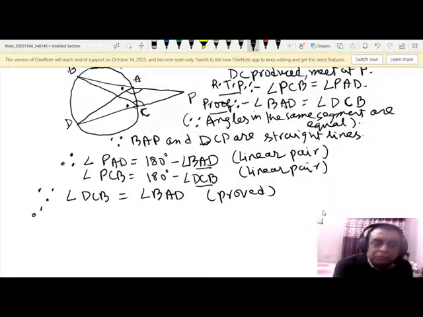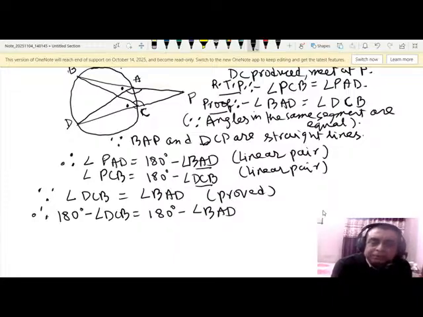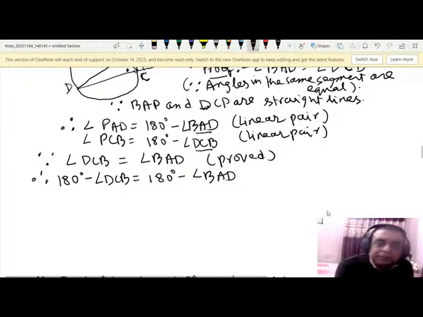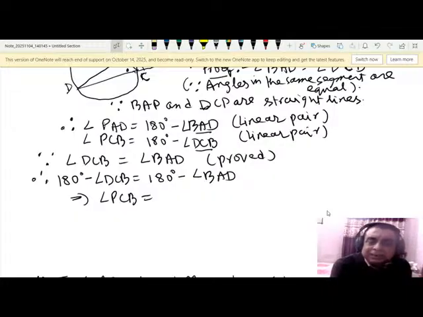So therefore from 180, if I subtract angle DCB, the result will be equal to what we get if I subtract angle BAD from 180 degrees. So 180 minus angle DCB is angle PCB, and 180 minus angle BAD is equal to angle PAD.